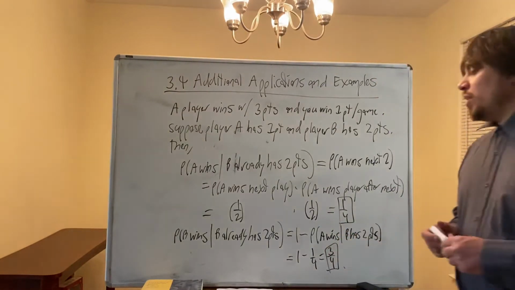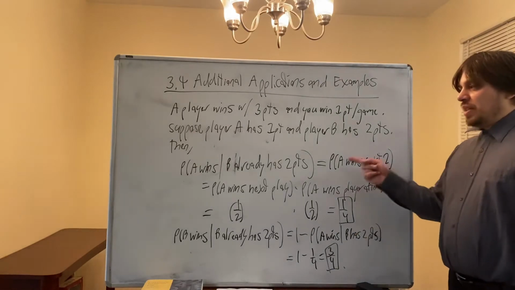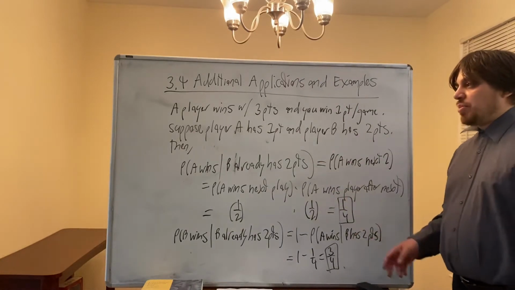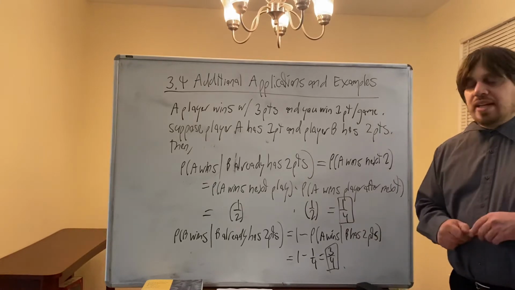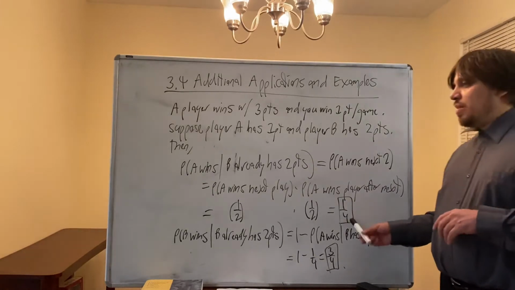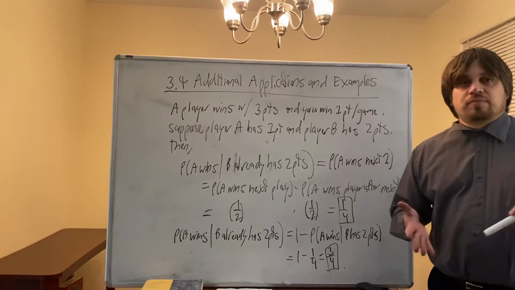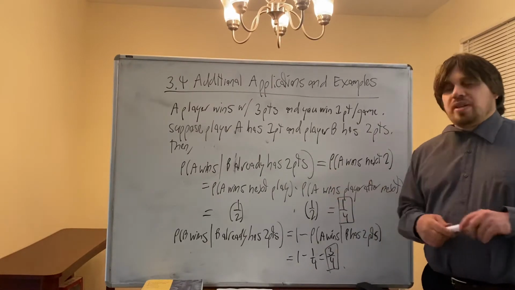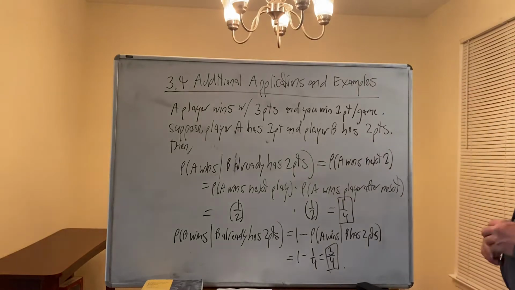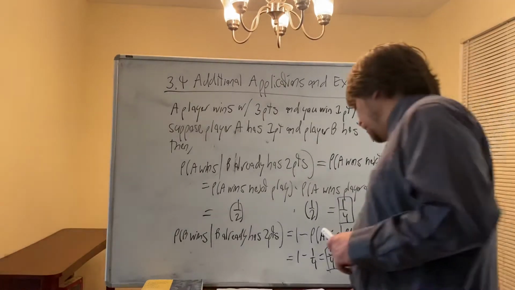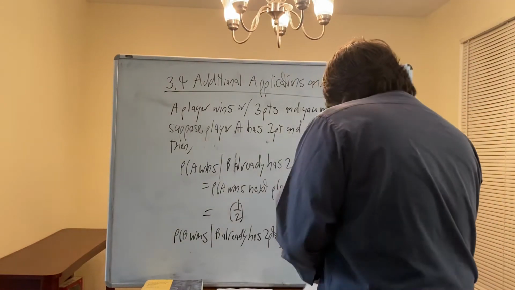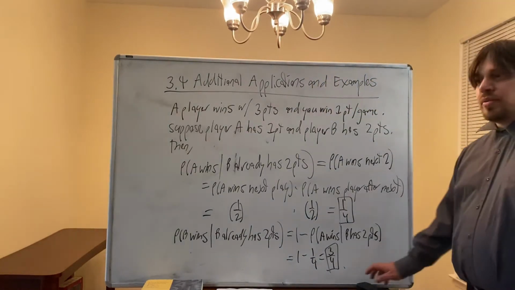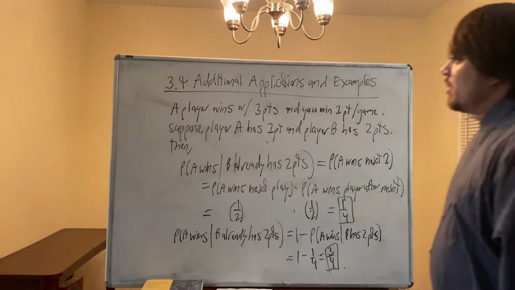The probability of A winning in this case is 1 out of 4, and so B is 3 times more likely to win than A. For every 1 time A wins, B wins 3 times. Okay, so that's that, and let's continue to the next one.